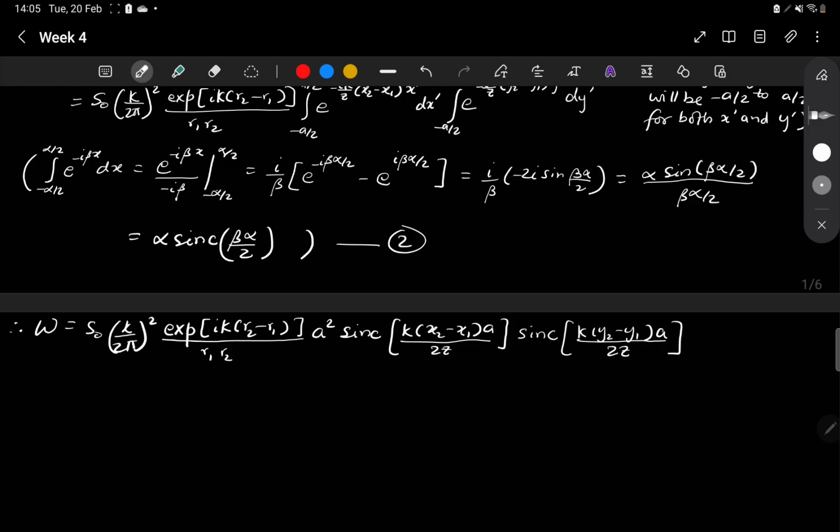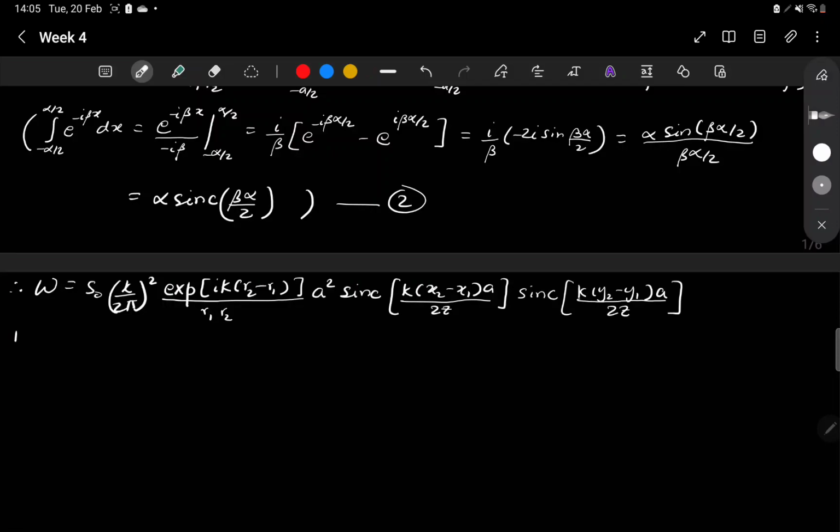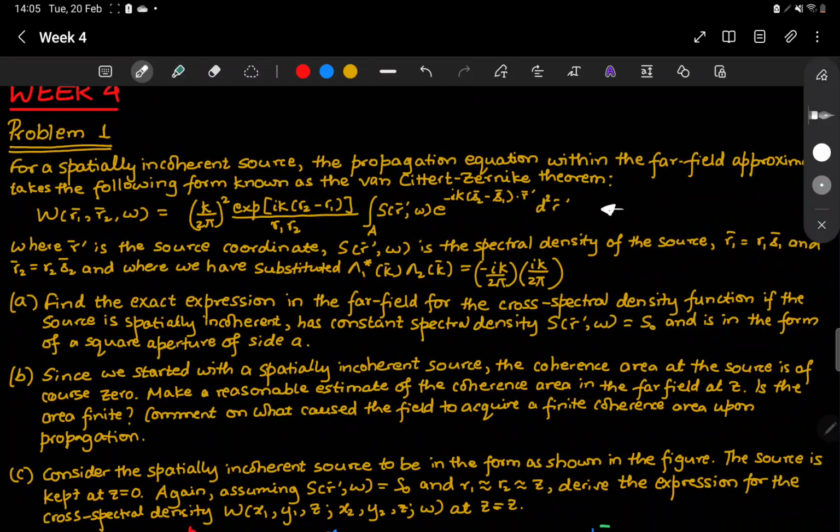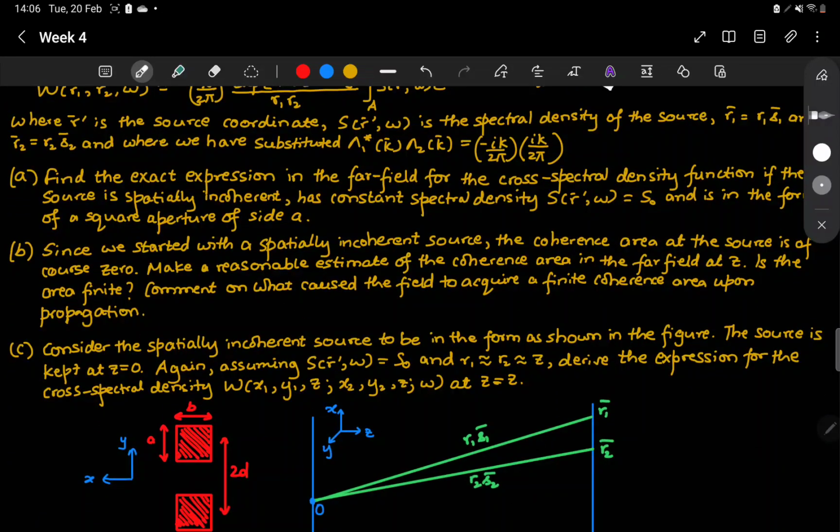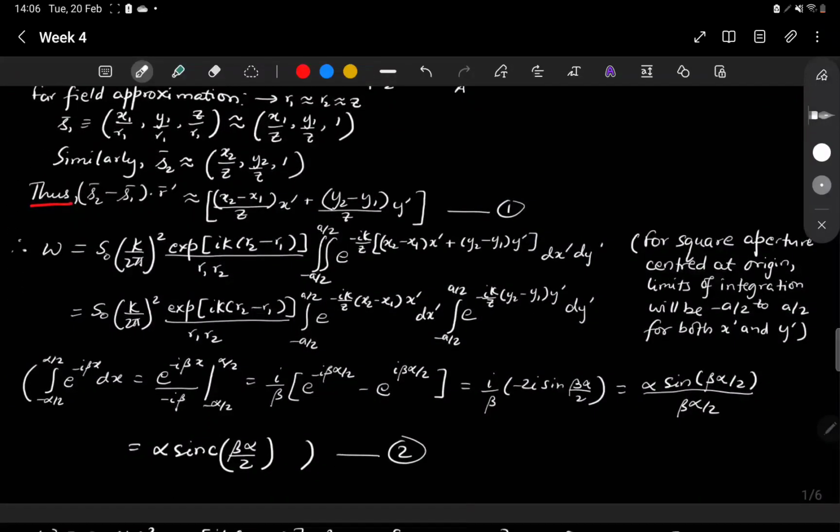Now we can move to part B, to find the coherence area. Part A was finding the exact expression for the cross-spectral density function, which we found. Part B is to make an estimate for the coherence area.